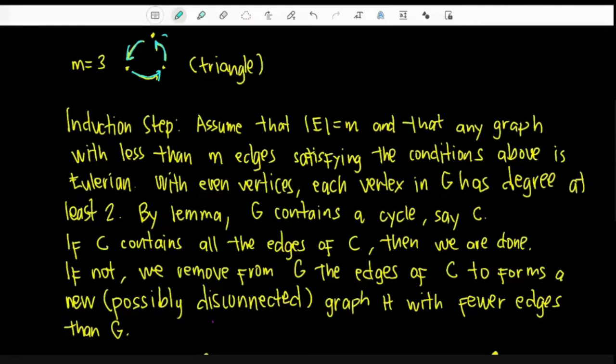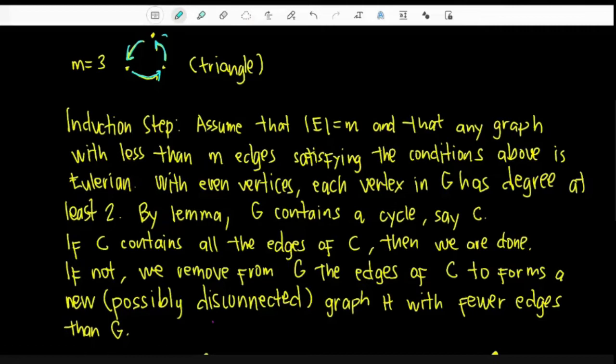And then any graph with fewer edges satisfying that same condition contains an Eulerian trail. So, napakita natin na totoo yun pag m equals 1, m equals 2, m equals 3, and so on. So, let's assume that it is true for 1, 2, 3, up to m minus 1.